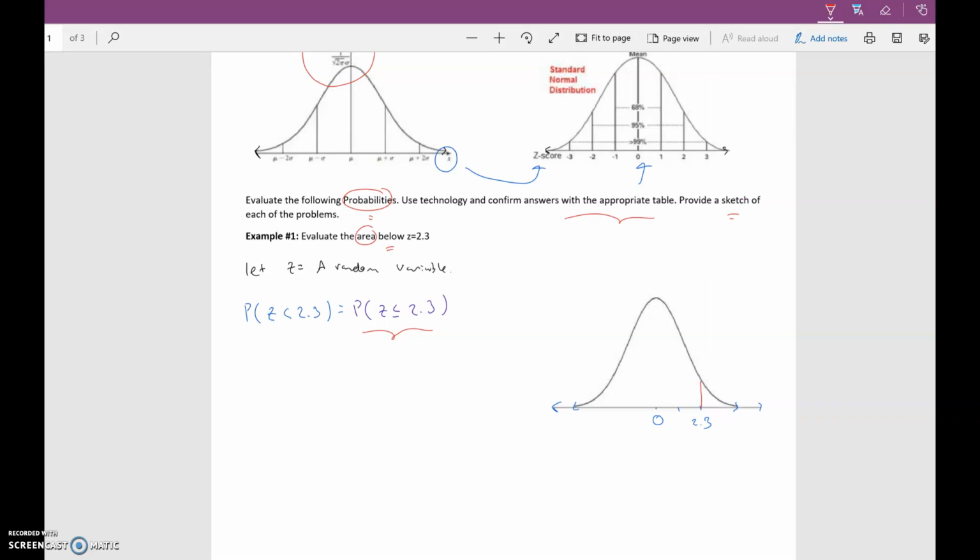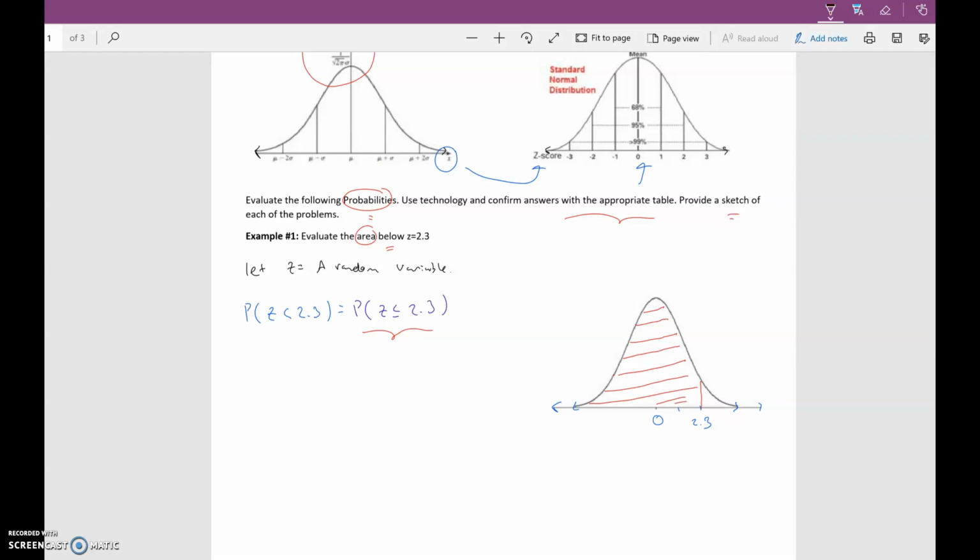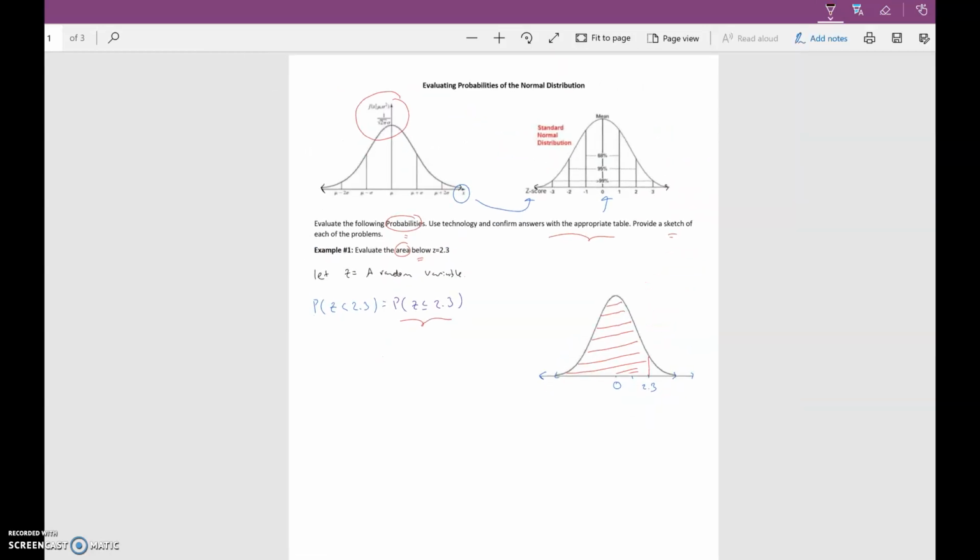Now, the area to the left, the way that they're expressing it, means all the way to the negative infinity. So you're getting the entire area all the way to the left, and we're going to find this via two methods. Now, we technically are not going to be evaluating the formula directly. We're going to be using the shortcuts.